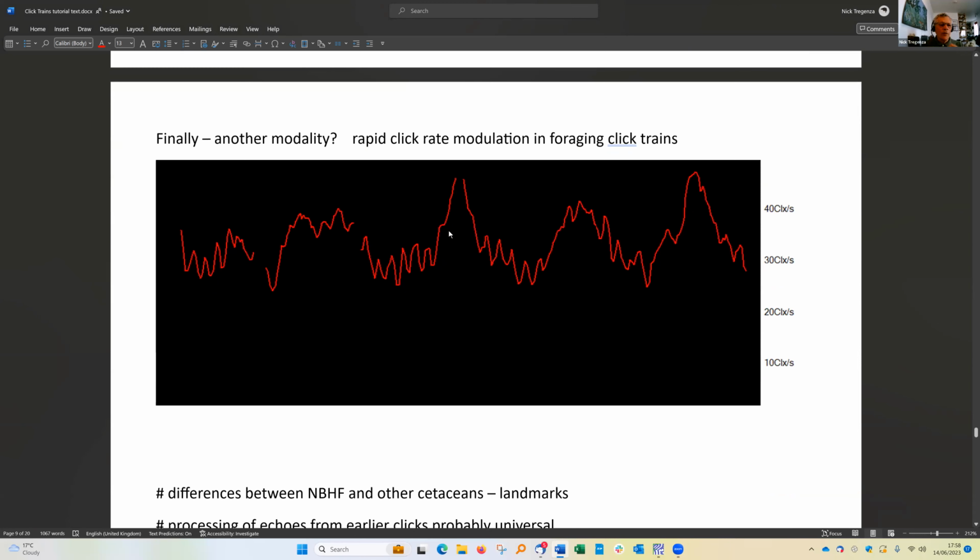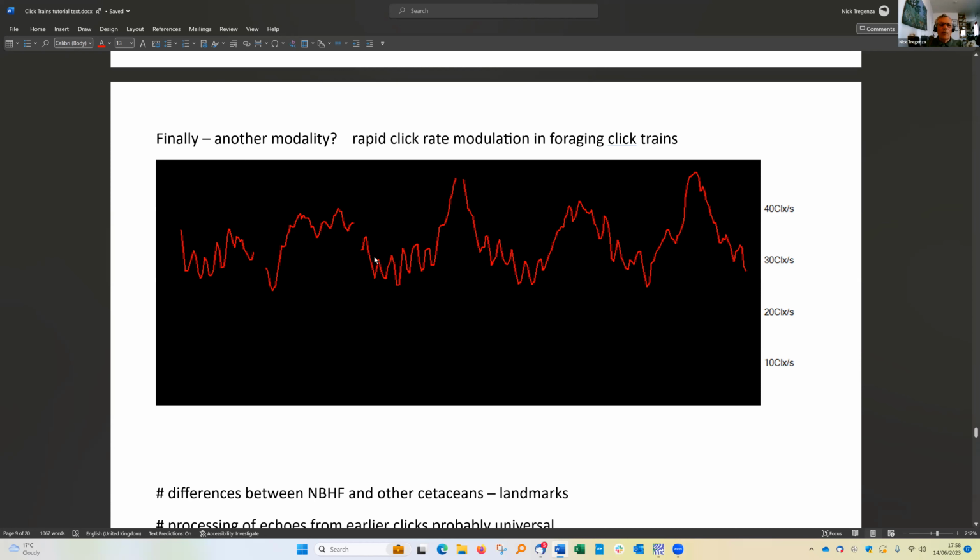Yeah, one other thing I wanted to mention, which I'm not going to say much more about, but I've seen this in finless porpoises, in Black Sea porpoises. I don't think I've seen it in porpoises from Europe. And these are like wiggly trains.